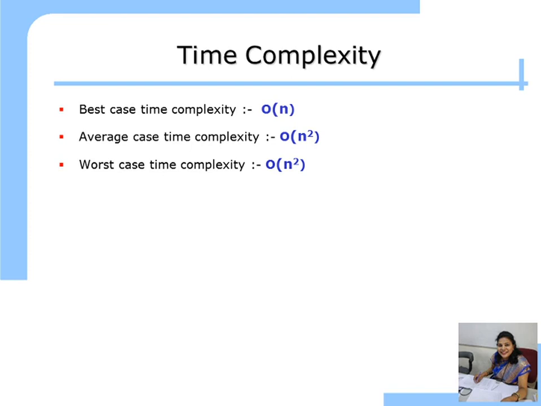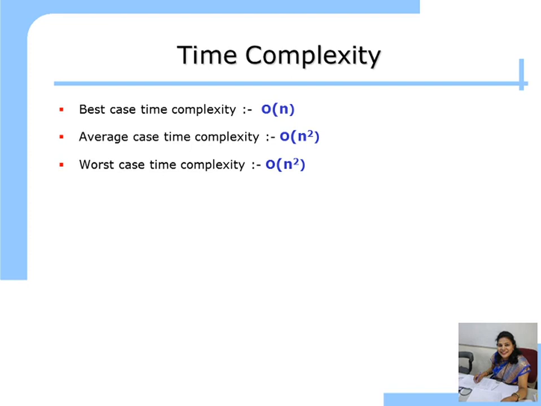What is the best case time complexity of bubble sort? It is O of n. If you have an array of size 5, you will require time complexity of O of n. Average case time complexity of bubble sort is O of n square, and worst case is also O of n square.